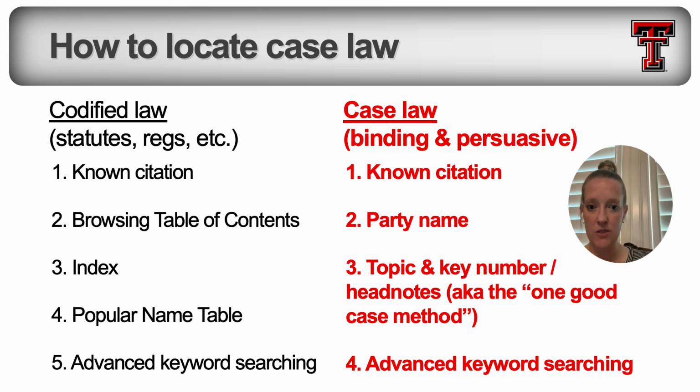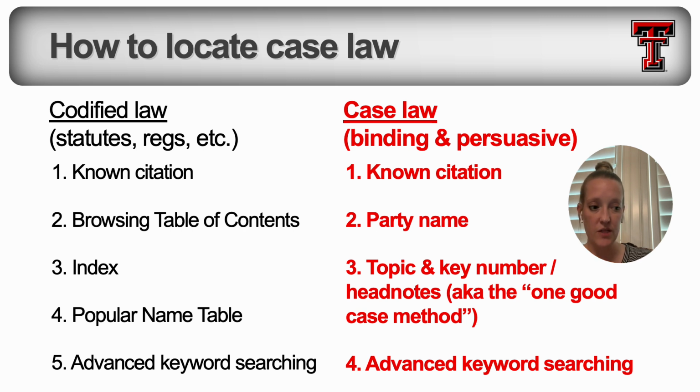Now, key numbers are specific to Westlaw, and key numbers are a similar type of tool, right? So there are specific key numbers attached to different points of law. So let's start with a general area of law and then move down into more specific numbers. You're getting more and more specific as you move down, right?